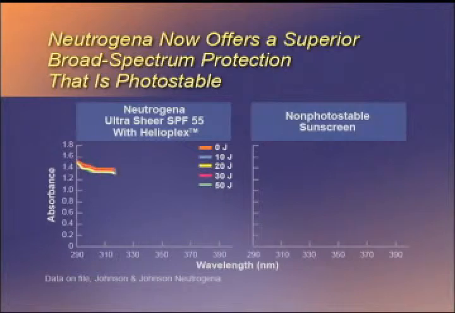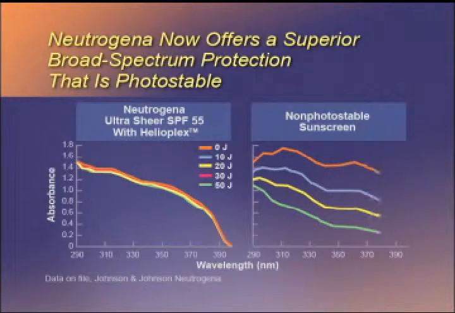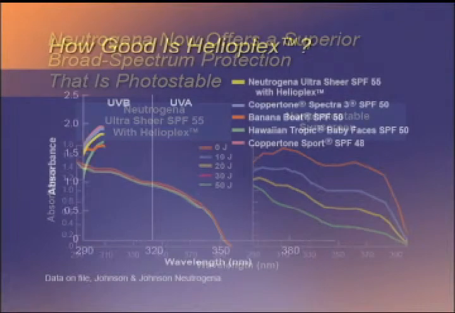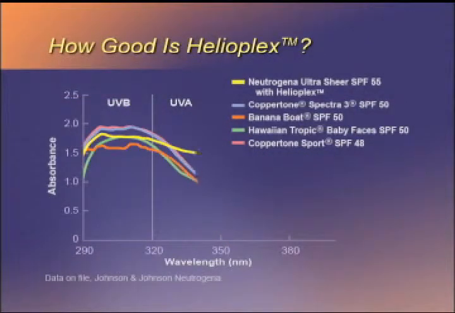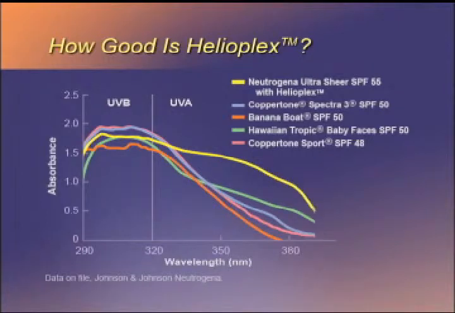A spectral scan of Neutrogena UltraShear SPF 55 with Helioplex on the left, compared with a marketed brand on the right, shows the new product with Helioplex does not degrade in sunlight after exposure to the equivalent of 5 hours of sunlight, unlike the other product on the right. Neutrogena UltraShear SPF 55 with Helioplex was compared with U.S. products that have a high SPF.